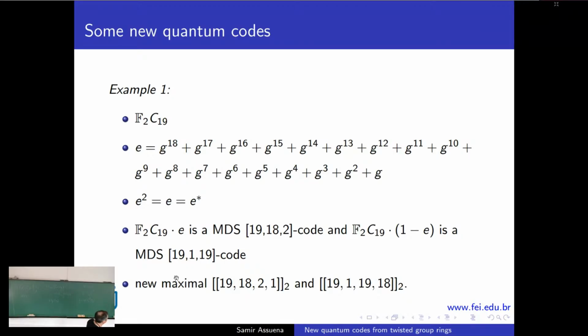It's also an MDS code, and if we apply the construction we saw before, we have obtained here two new maximal quantum codes. According to Grassl's table, these codes are new ones over F2.